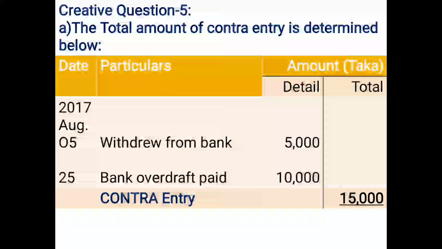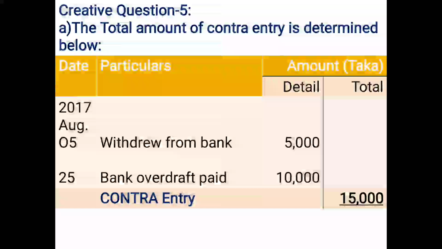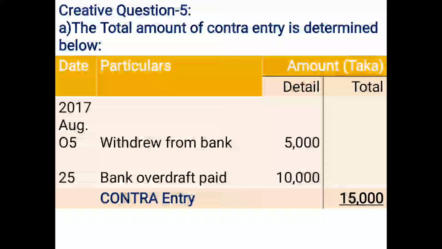The first one is deposited into bank or opened an account in bank, and another one is withdrew from bank for business use or for office use. Only two entries are related to contra entry. Now we can see two transactions are involved in this stem relating to contra entry.